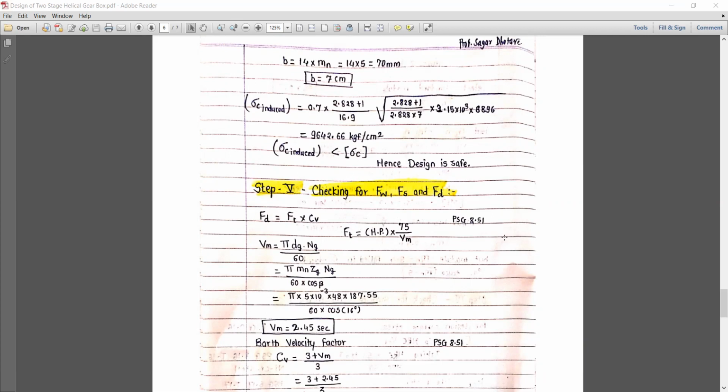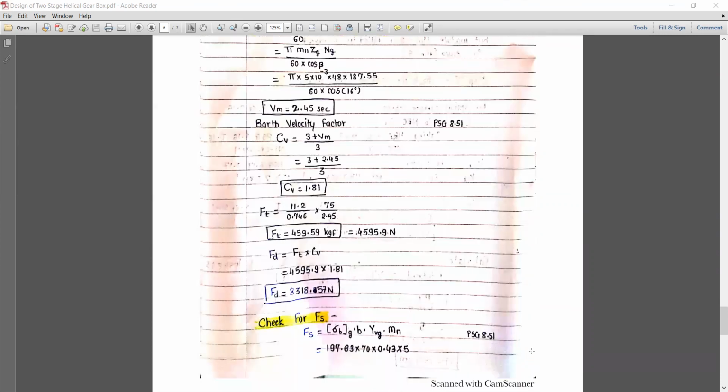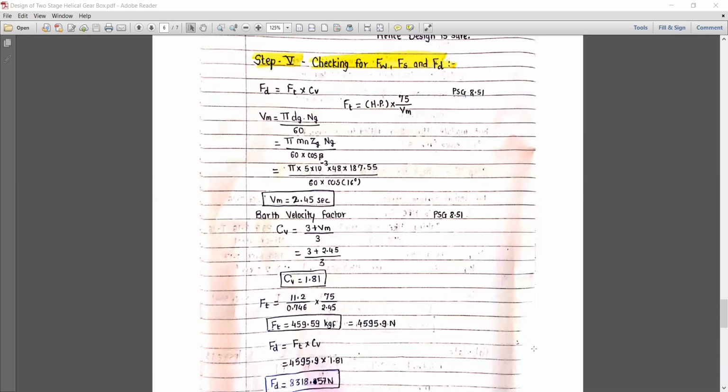Now next, we need to check these for different loading conditions, that is static loading, dynamic loading and wear loading. So dynamic loading we can calculate by referring to different equations. Here we are referring to PSG page number 8.51 and directly calculating the value of FD.